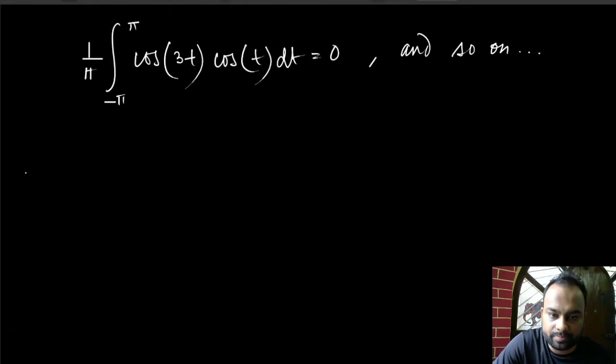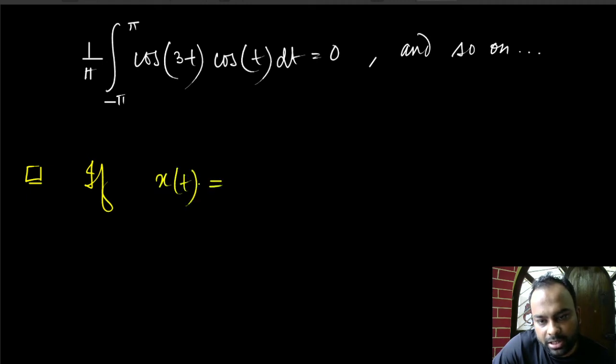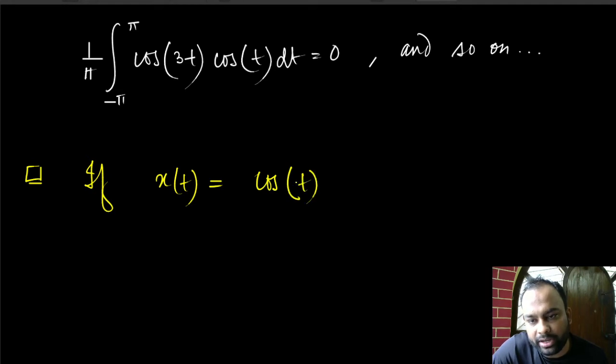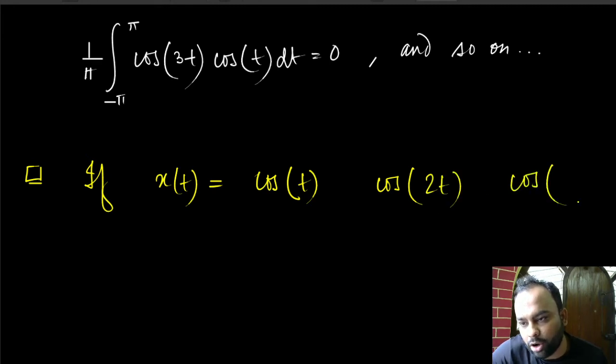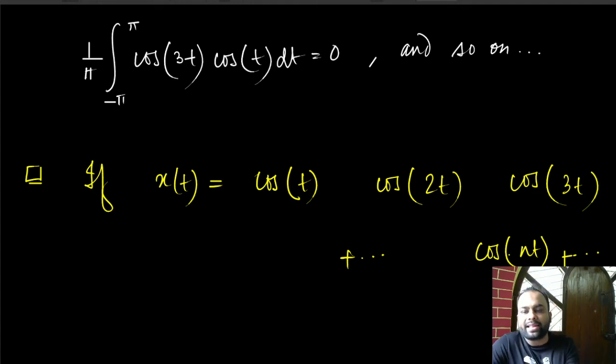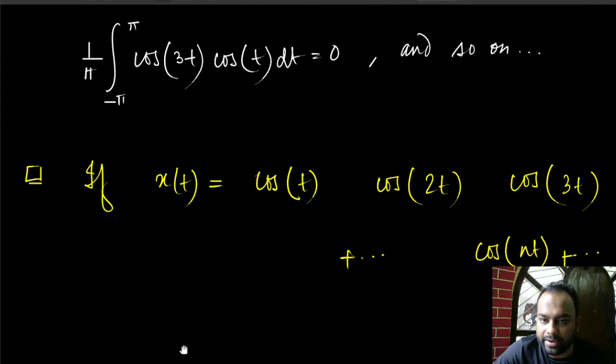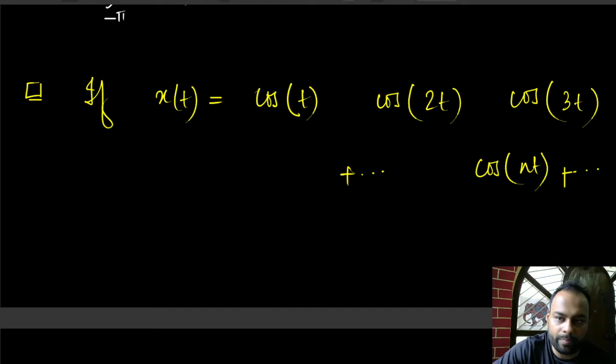With that idea, we can now say, if x(t) now looks like this, it has a cosine component of 1 radian per second, and a cosine component of 2 radian per second, and a cosine component of 3 radian per second, and so on, and a cosine component of n radian per second, and so on. If it has something like this, then what can I do? I can do this integration.